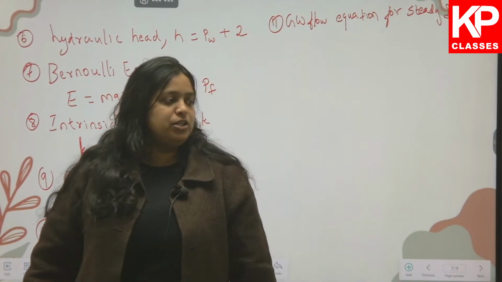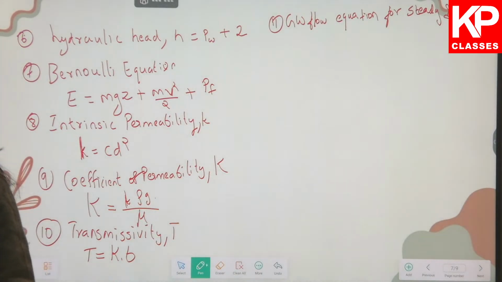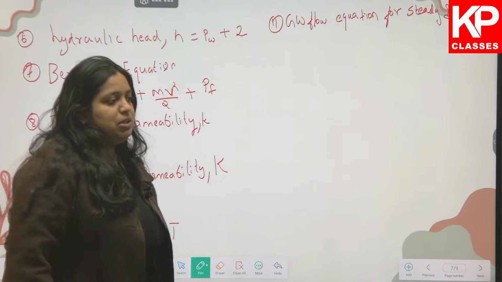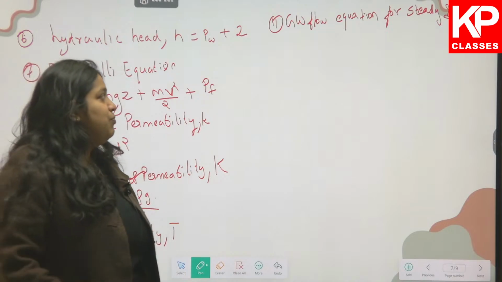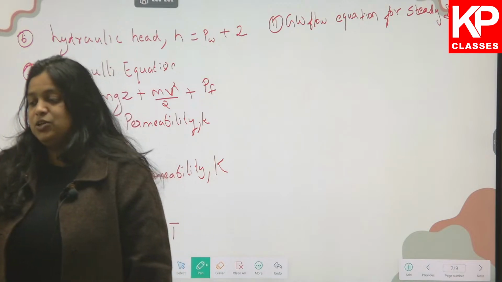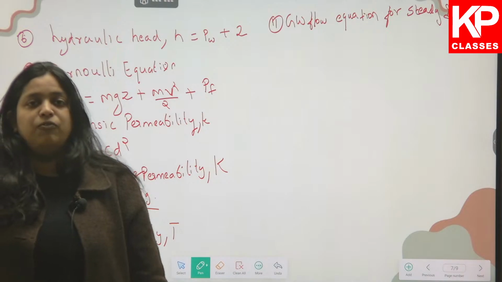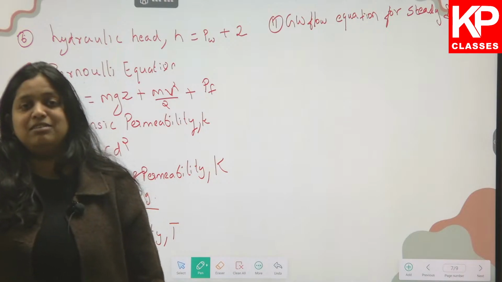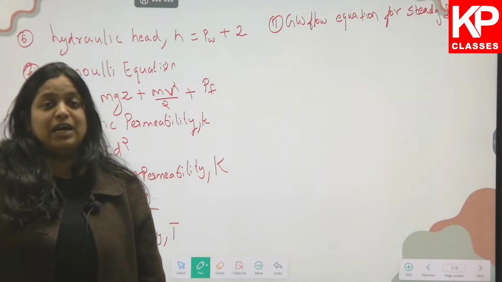The groundwater flow equation for steady state means the hydraulic head will not change with time. That's what is defined by the steady state condition. Hydraulic head in the system will never change with time. So an isotropic medium exists where there is no difference in the hydraulic properties along any direction.